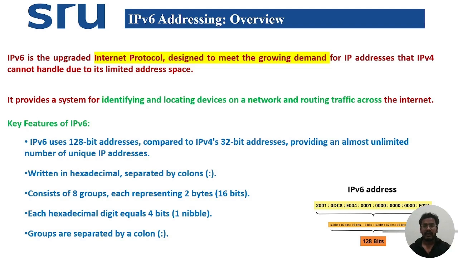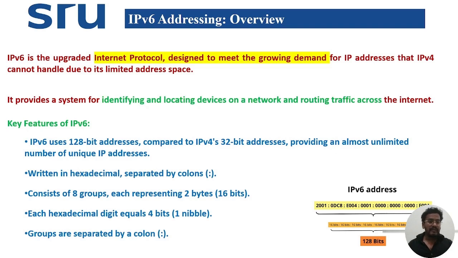So it provides an almost unlimited number of unique IP addresses because the bit size is so high, 128 bits, when compared to IP version 4. Therefore, it provides an unlimited number of unique IP addresses for devices.